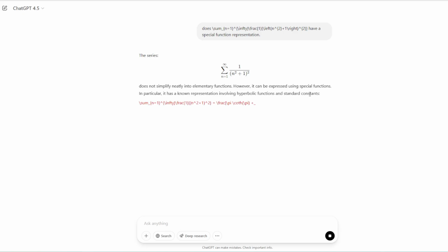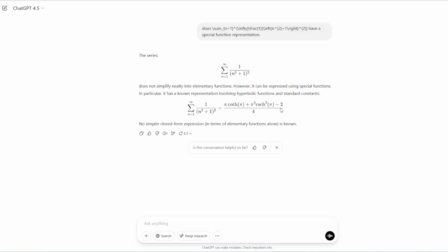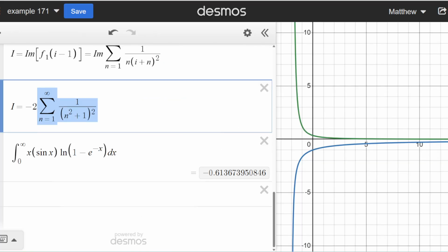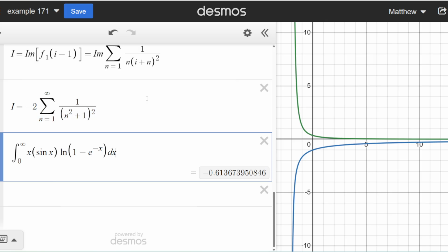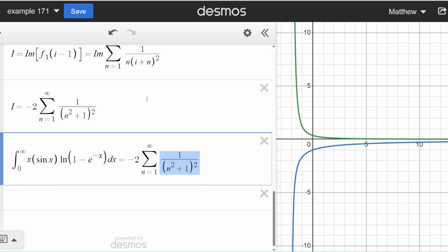However, it can be expressed using special functions. Okay, so I should have taken a look at my Fourier series, and I might have been able to see that it was equal to this. But it looks like this is as far as I got, so I'm going to leave it like that. This is good enough.